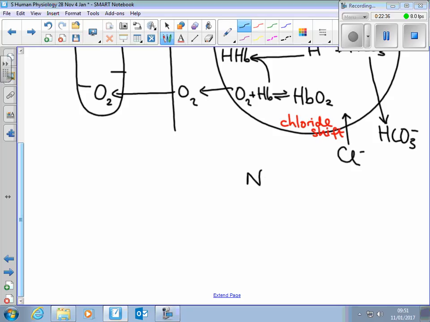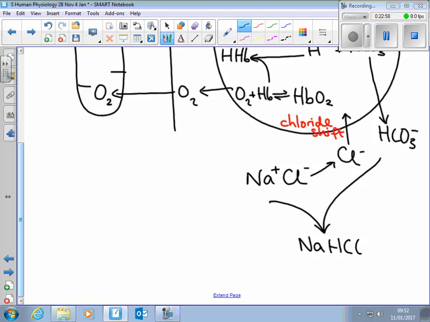You'd have Na+ Cl-. Rather than just writing NaCl, it's sometimes a bit more helpful to actually write the two ions. So those would end up there, and then these will hang around together then. So you effectively get NaHCO3, but again, they'd be ions.